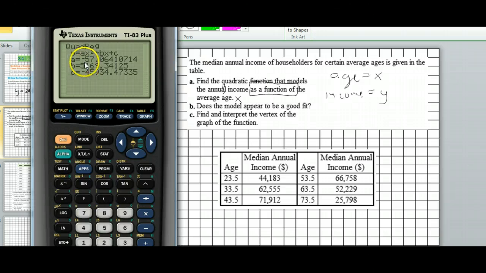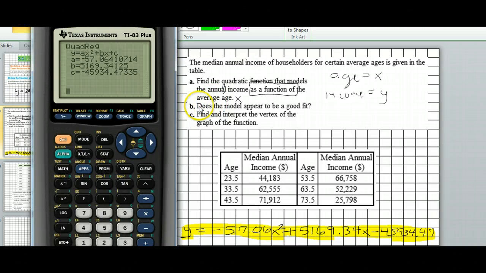So our model is going to be negative 57.06 x squared plus 5,169.34 x minus 45,934.47. Two decimal places this time because of the income being money. So I'm going to put that in there, and there's our quadratic model that goes through here.